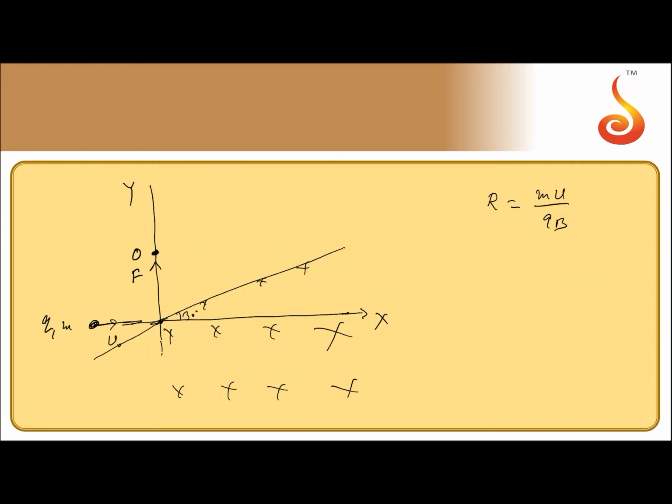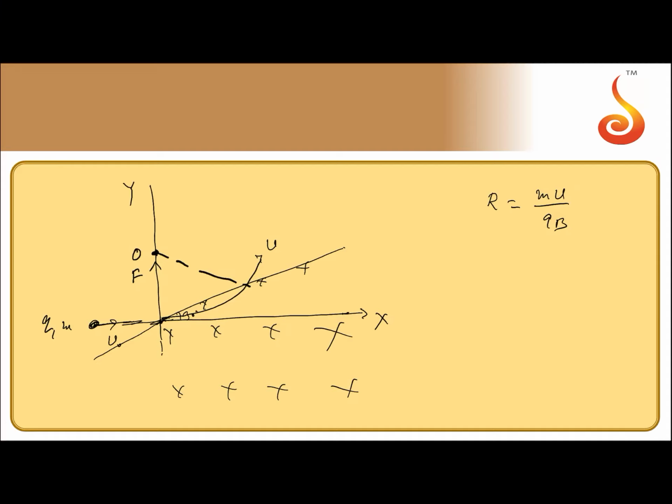So let O be the center, radius is mv by qB. We can draw a circular arc here. Its path will be something like that. Here it will be exiting, and this is r, so this also is r.